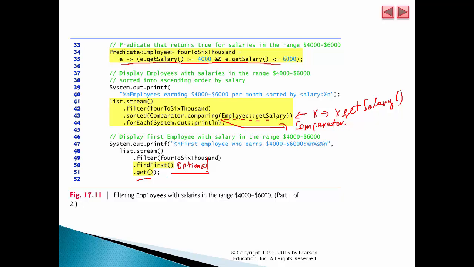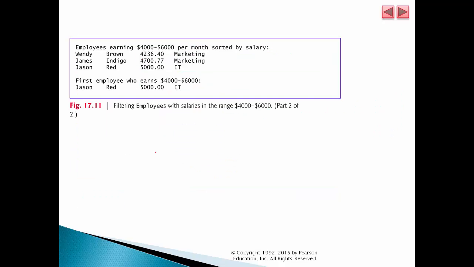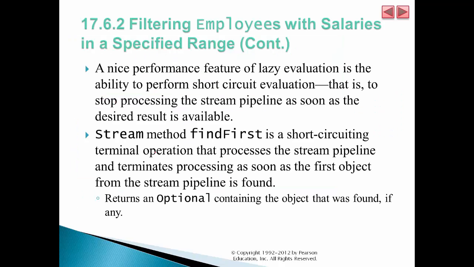Optional is something that combines the value and the null, right? So get goes and gets the value for this Optional. If there is no value, then it's going to cause an exception. So you can get the particular employee that satisfies your particular condition like this.